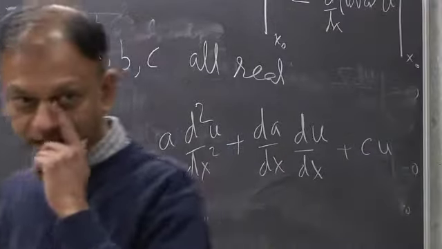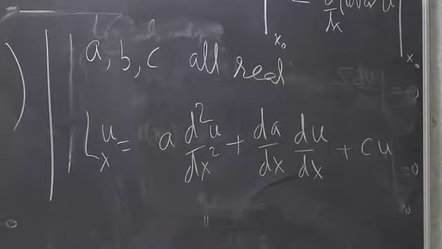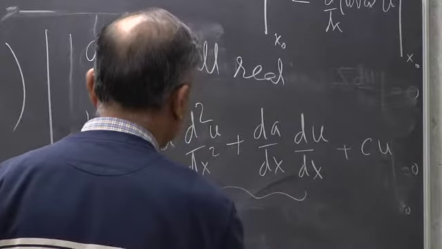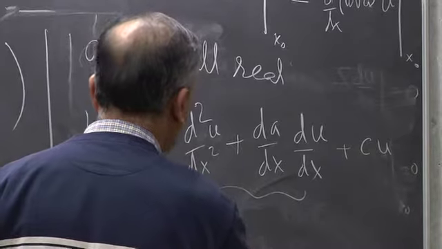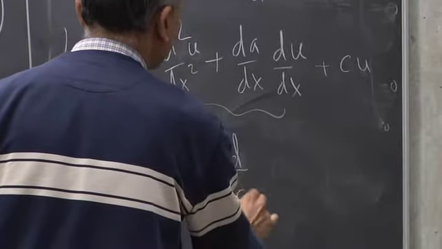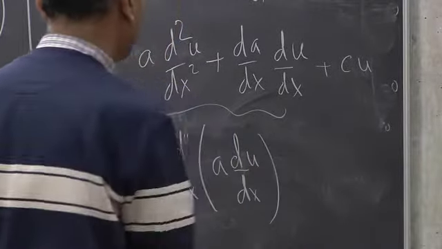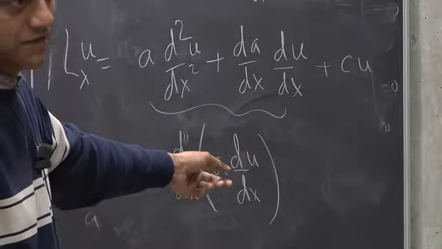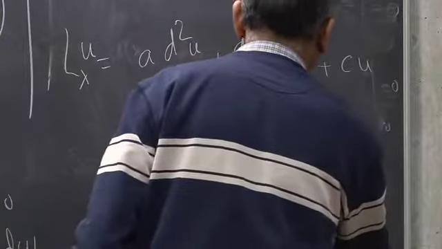And this we are saying is self-adjoint. But in fact, you can see why that is so, because these two things together I can write as d by dx acting on A du by dx. That's the reason why it's self-adjoint, plus Cu.